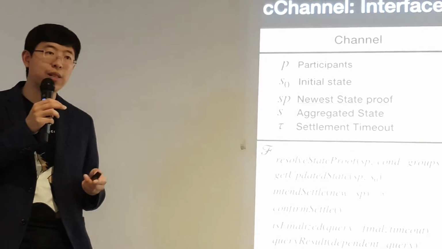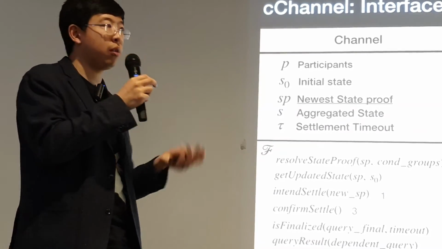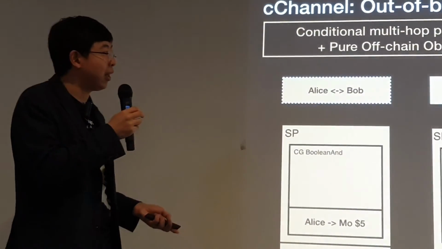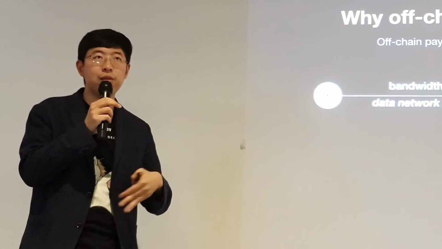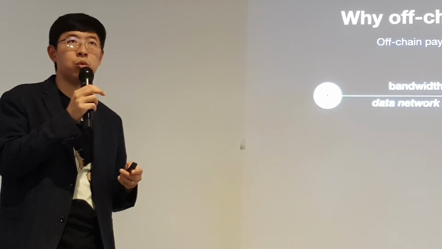Now, it's not to say that there aren't other ways to do this kind of watchtower service. There are, but what we believe, as shown later in the slides, is that these mechanisms are not as optimal as the solution we propose.